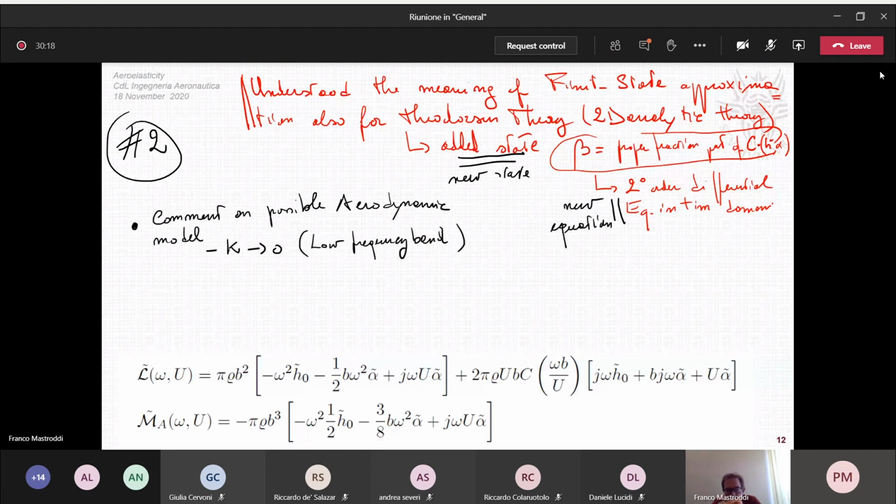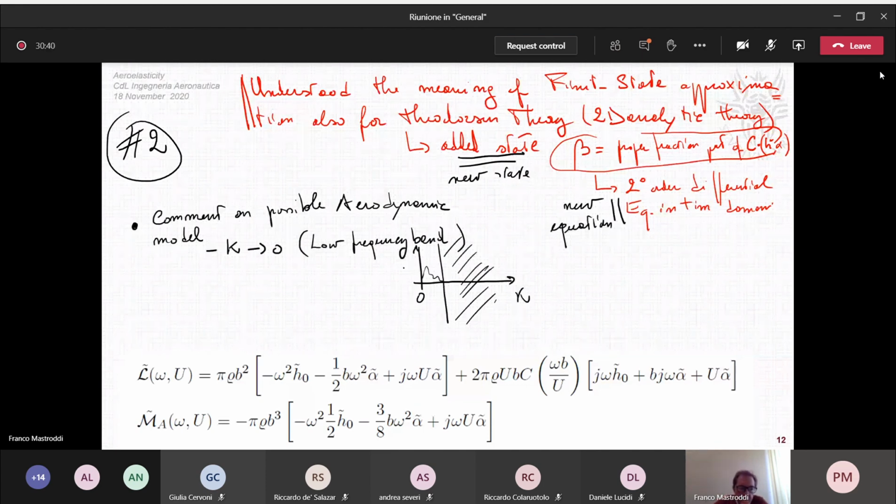In that case, you may approximate your problem in a reduced band. You have the reduced frequency, and you know that your process is living just in a limited band from 0 to k minimum reduced frequency.